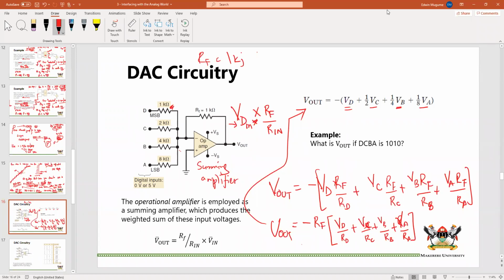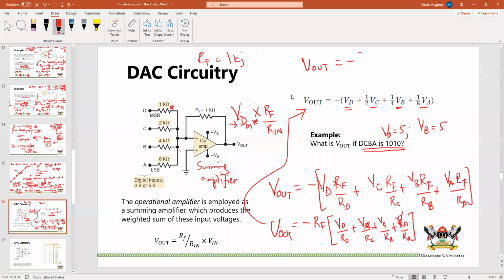Now, what is V out if DCBA is 1010? We can see that VD is 5 and VB is also 5. The rest are 0.